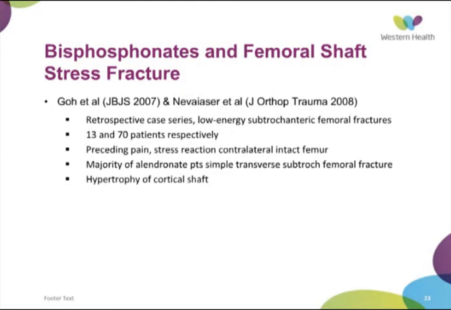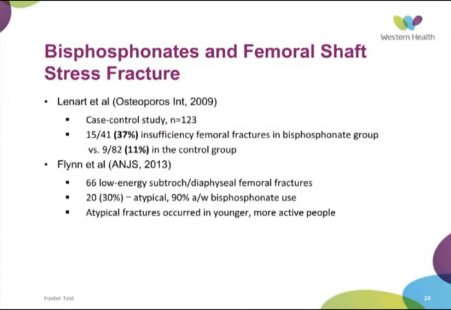Furthermore, another journal study here was a case control study of 120 patients, again looking at bisphosphonates in an overall cohort of atypical fractures, and finding that there's a 37% rate of fracture in the bisphosphonate group versus 11% of the control group.